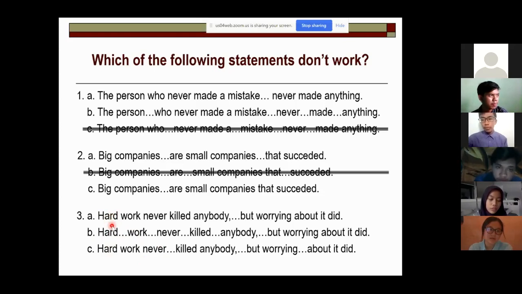Choice A says, hard work never killed anybody, but worrying about it did. And C says, hard work never killed anybody, but worrying about it did. This one is false. Why? Try to state part B. Hard work never killed anybody, but worrying about it did.